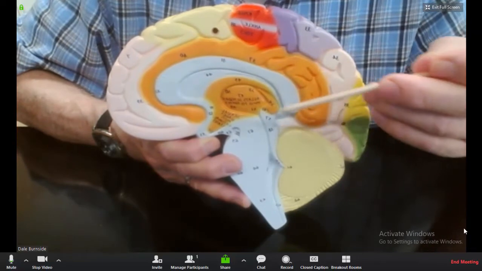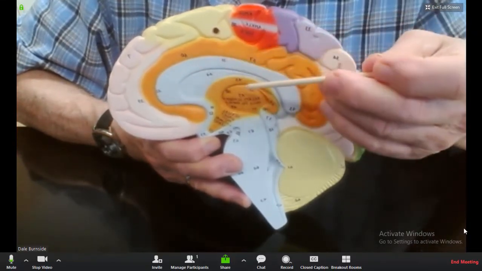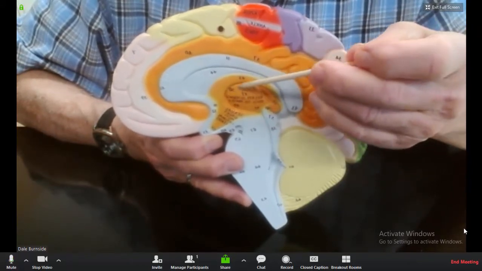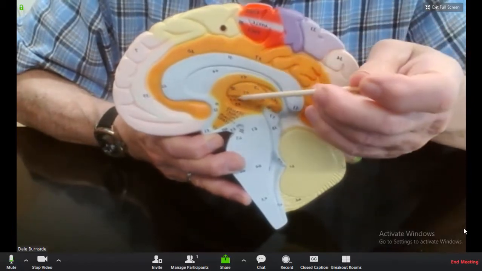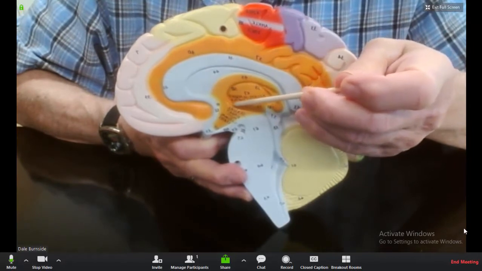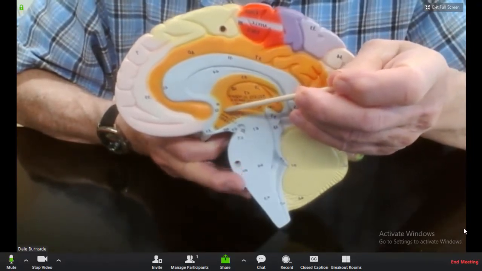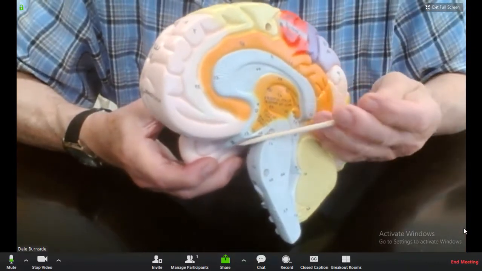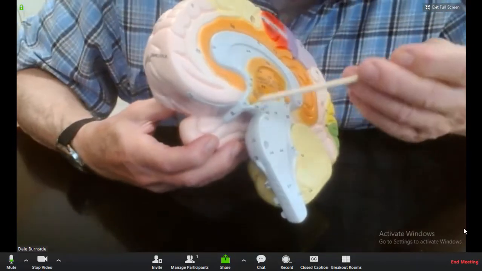And so below that corpus callosum is the thalamus, and the thalamus is a relay center, and then below the thalamus is the floor of it called the hypothalamus, and then that goes down to, I think you can see it here, it's not a very good depiction, but it goes down to the pituitary gland.